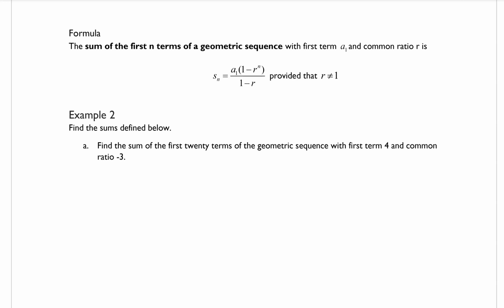Example 2 says, find the sums defined below. Part A says, find the sum of the first 20 terms of the geometric sequence with first term 4 and common ratio -3. So let's just write out that sequence.